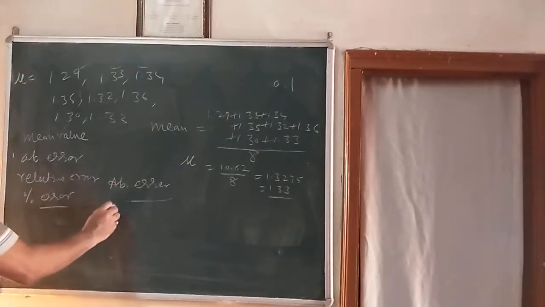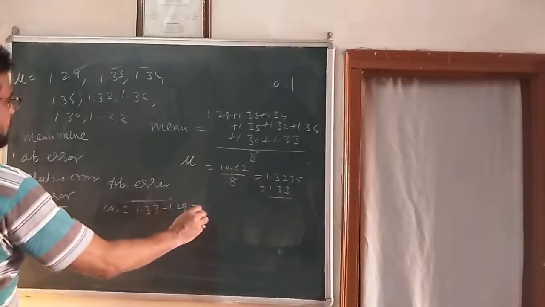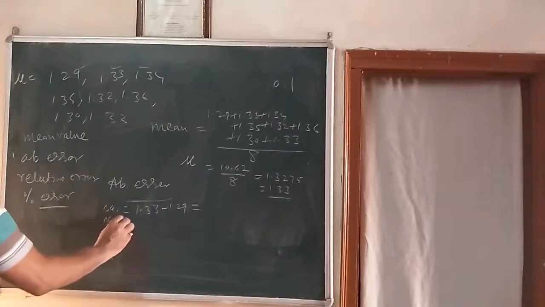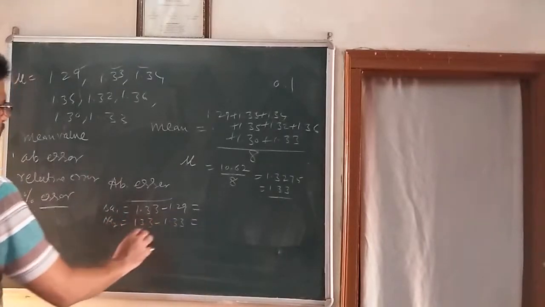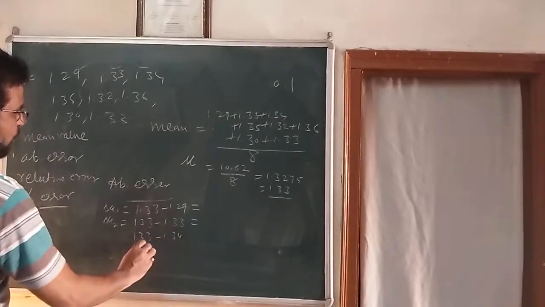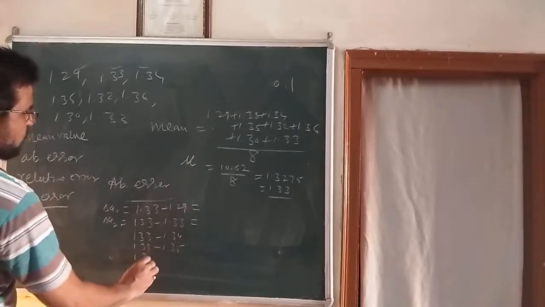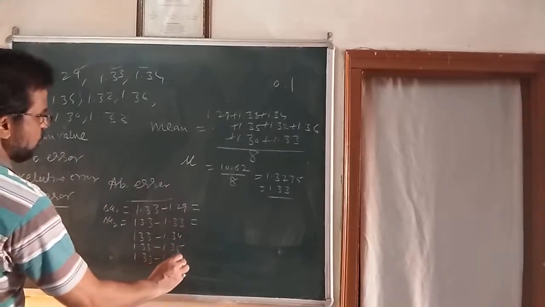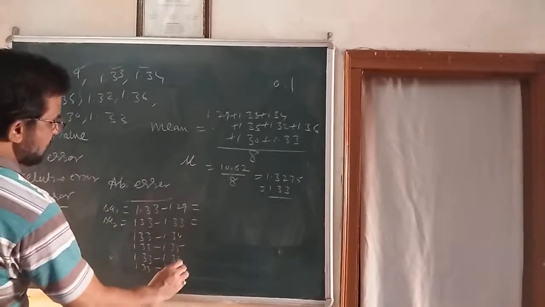So delta of A1 first we have to find out, that is 1.33 minus 1.29. Similarly, delta of A2, 1.33 minus 1.33. Similarly, 1.33 minus 1.34. 1.33 minus 1.35. 1.33 minus 1.32. 1.33 minus 1.36.